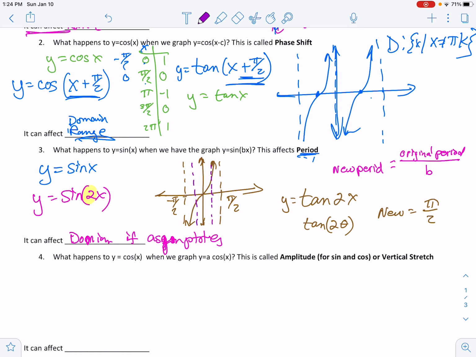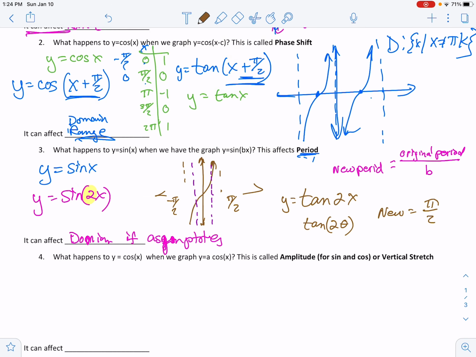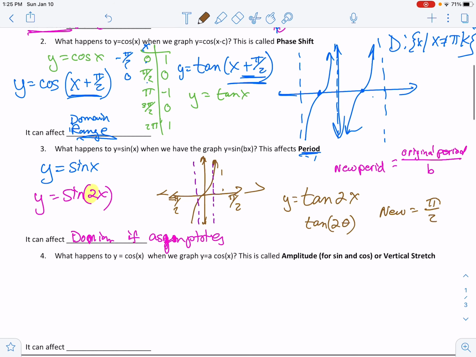They're at pi over 4. And these are at pi over 4.